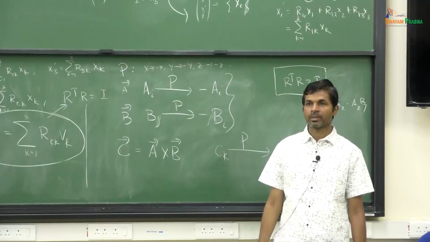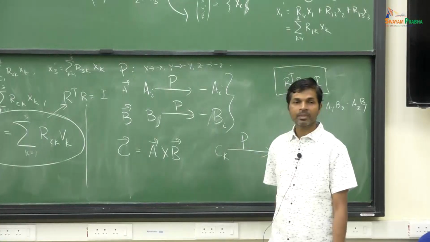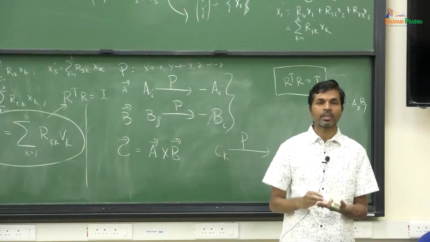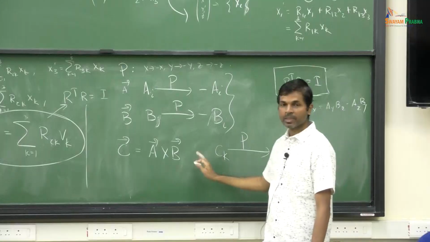Okay. And in physics, there is a classic example. If you consider electric field, then it is just a regular vector. Okay. On the other hand, if you consider magnetic field, then it is a pseudo vector.